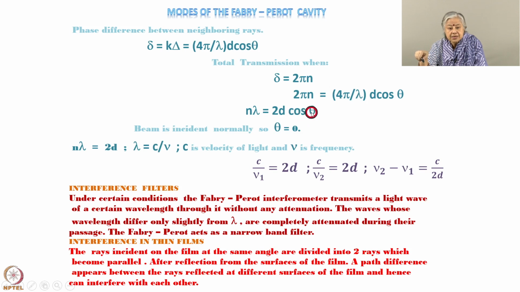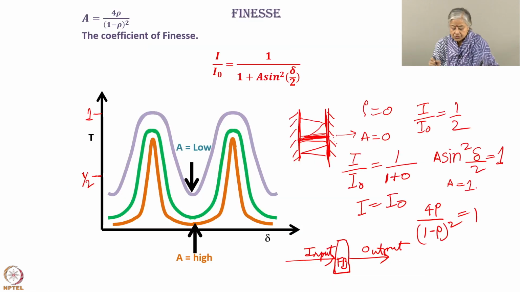Suppose I make this theta 0, that means the beam is incident normally on the surface of the Fabry Perot. Instead of it being at an angle like this, it is coming in normally.